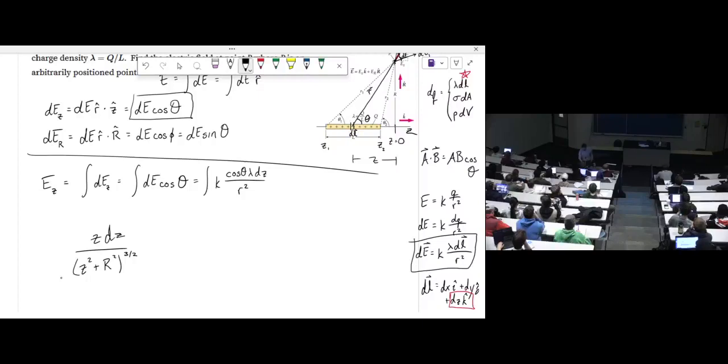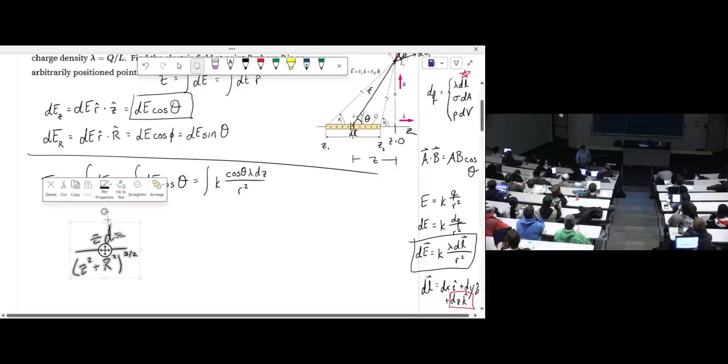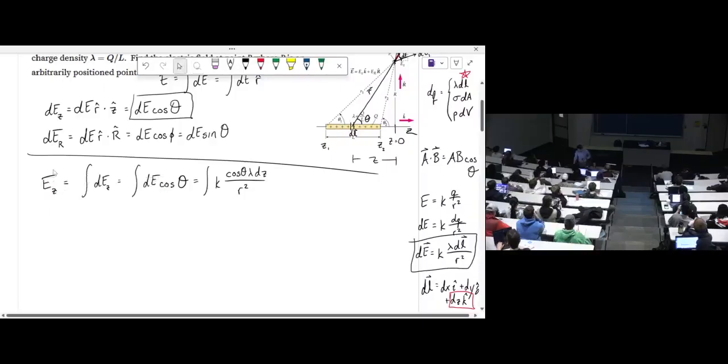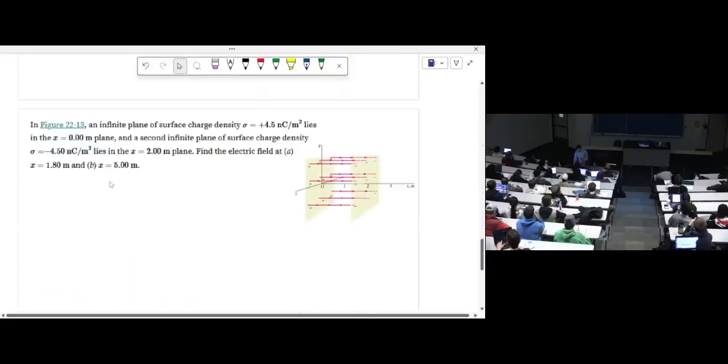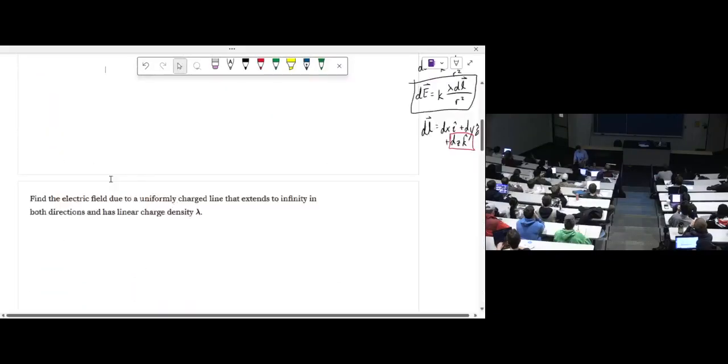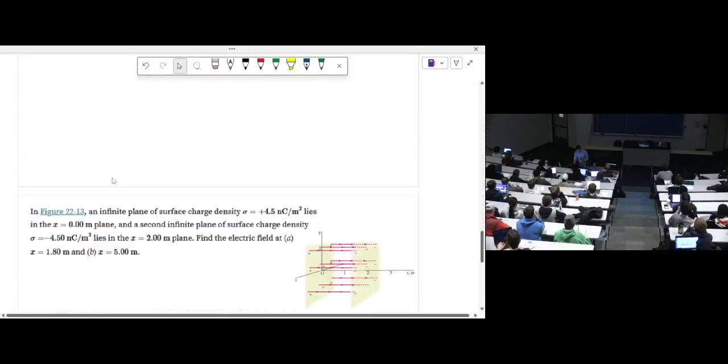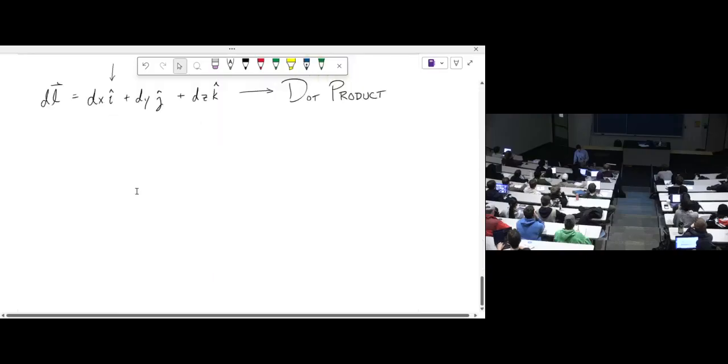But if you didn't have that at your disposal, maybe let's take a look at instead how we could do this with our calculus 2. I want to paste this right here.